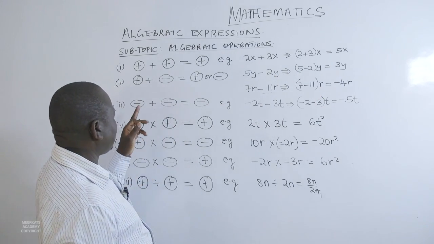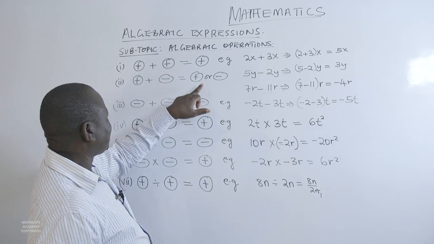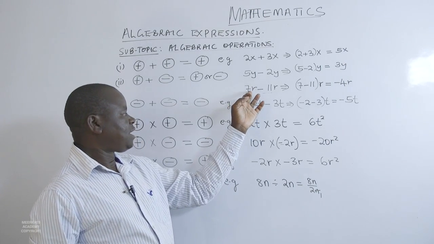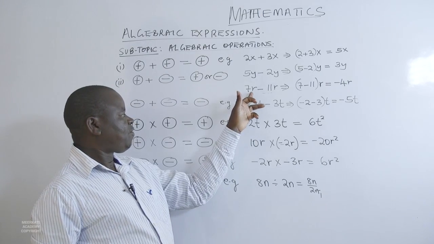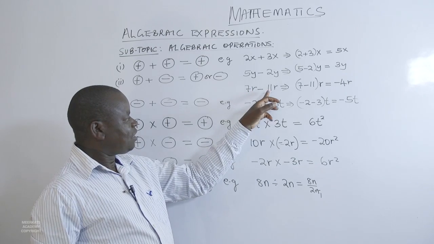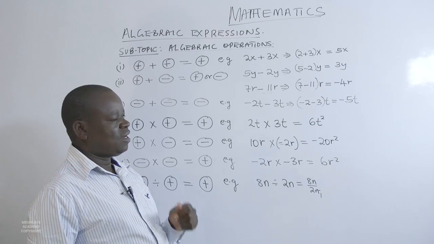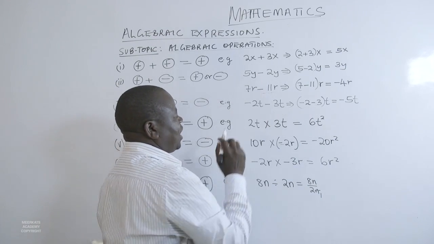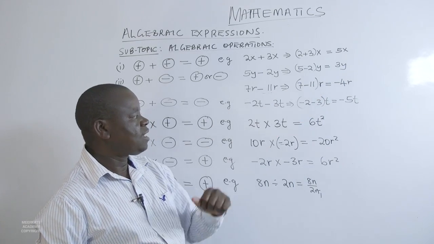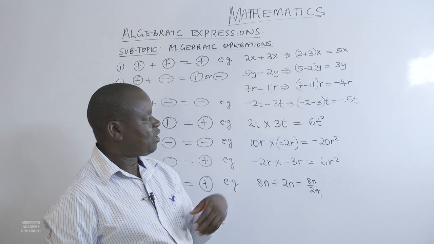Now, let's look at the second case where positive plus negative, the answer is negative. We have this example here, 7r minus 11r. Because r is common in term number 1 and term number 2, we can filter out r to remain with what is in the bracket, 7 minus 11.